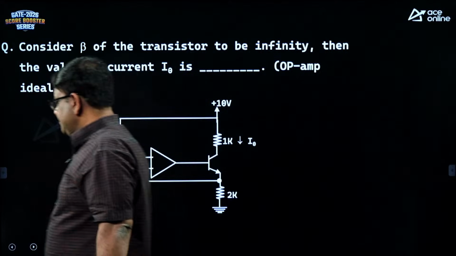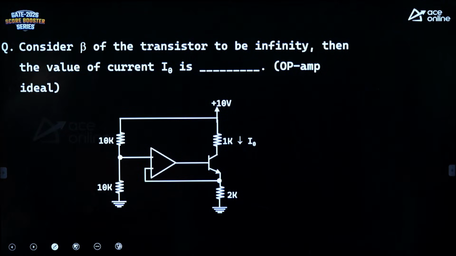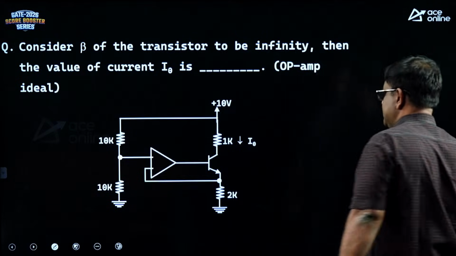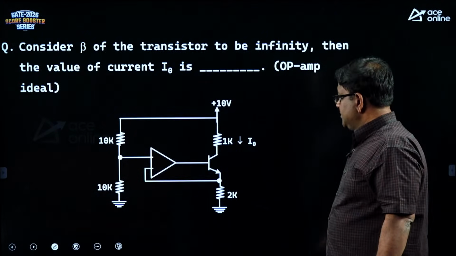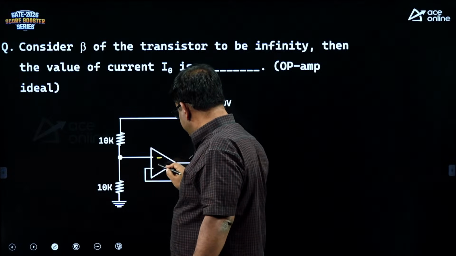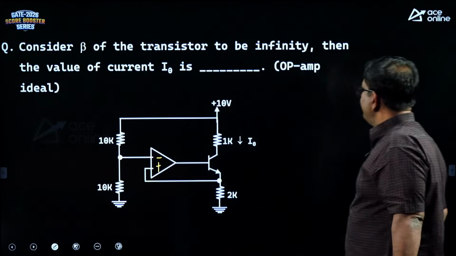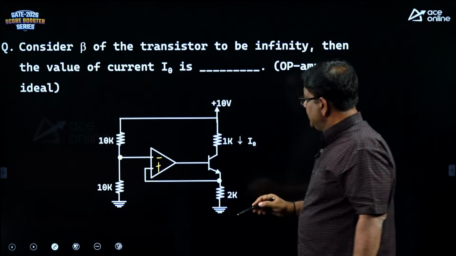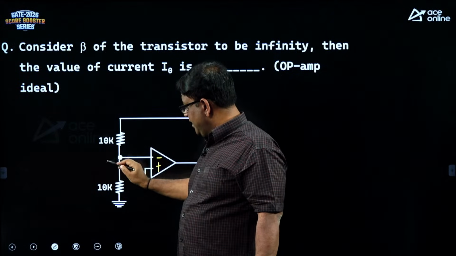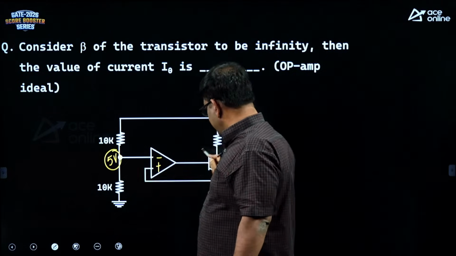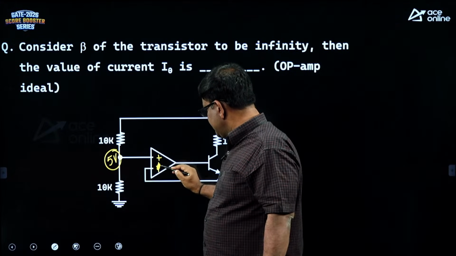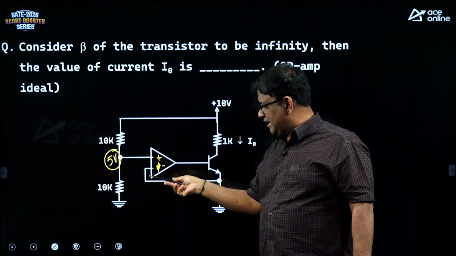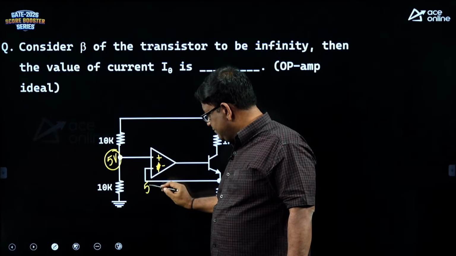Now, consider beta of the transistors to be infinite. The value of current I naught is, so how do we find I naught? Now, by voltage division, you have 5 volt here. Whenever there is negative feedback, the voltage at non-inverting converges at the voltage at inverting.